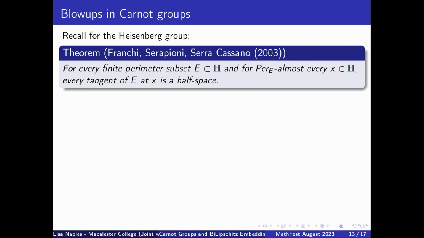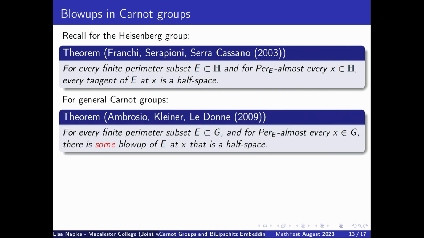So here's the statement of the theorem by Franchi, Serapioni, and Serra Cassano again. Unfortunately, this result wasn't able to be shown for general Carnot groups, but Ambrosio, Kleiner, and Le Donne showed a good enough result for what we needed.